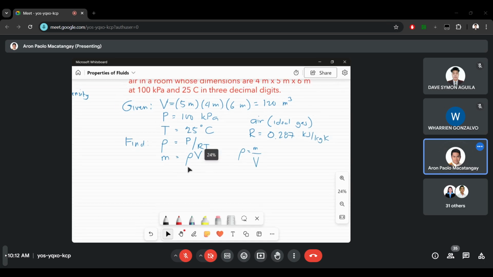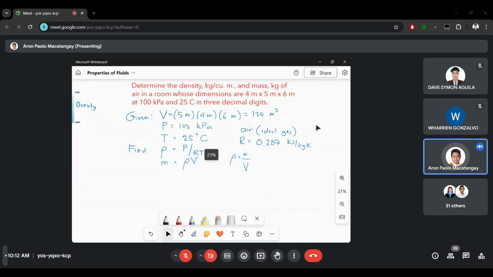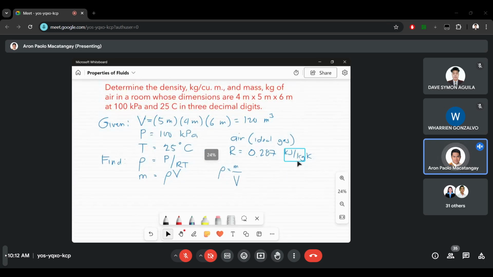From here, I can see already I have a Kelvin property here. So I have to convert my 25 degrees Celsius to Kelvin. This will be equal to 298.15 Kelvin. Please check my solution, because I am not using a calculator. I do not have a calculator with me.